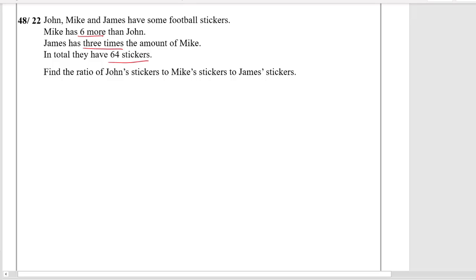So we need to find the ratio of John's to Mike's to James's. Now, first of all, let's start off with John, because Mike has 6 more than John. So if we say John has x, you're going to use algebra to solve this.